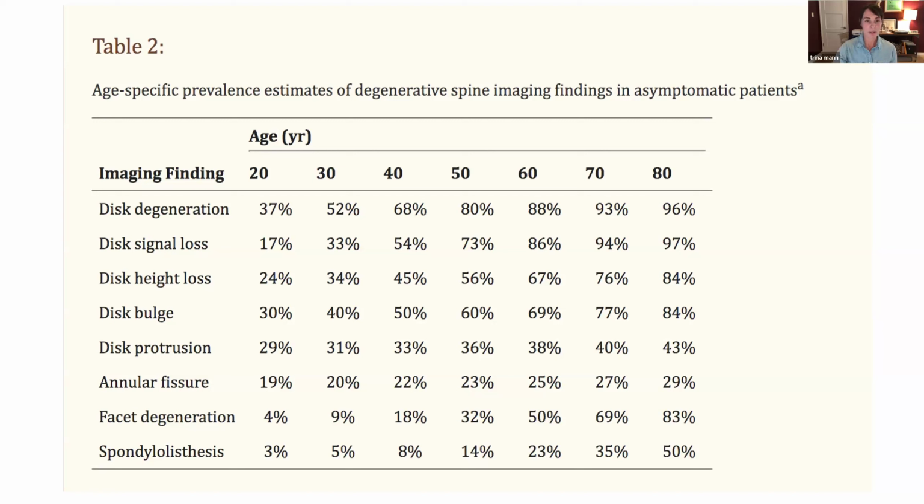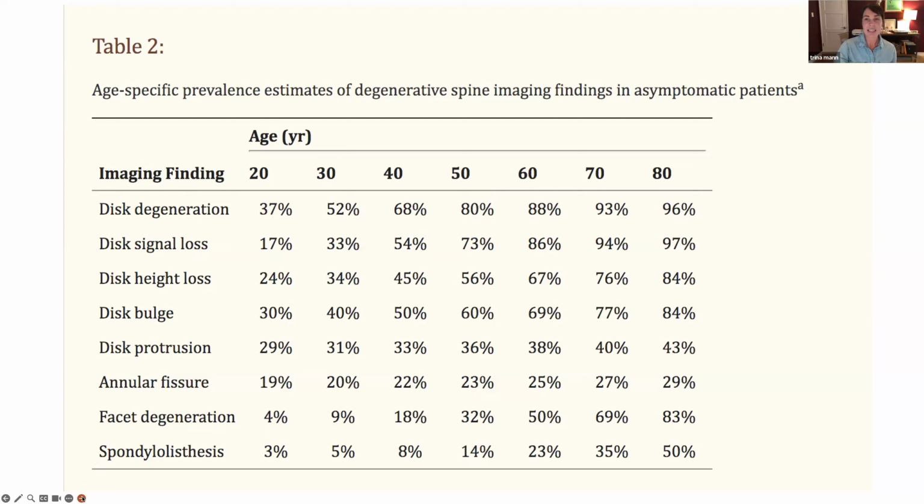And look how these numbers really increase with age. And so some of the findings were that spine degenerations are present in increased proportions of asymptomatic individuals with age. But even with these lower ages, 20s and 30s, they're still present and common.